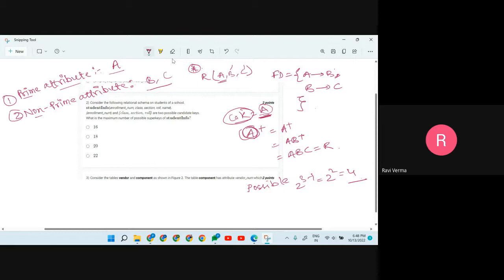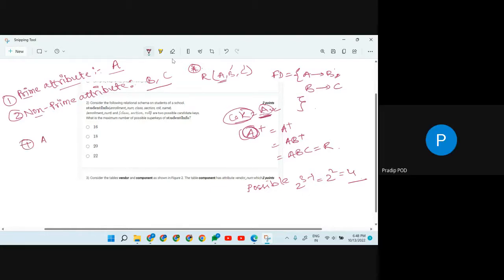Sir, I have a small doubt. If there are only three attributes in this relation, how can there be four super keys? In R, we have three attributes A, B, and C, and the possible super keys are four. A is your candidate key, so A is one super key.